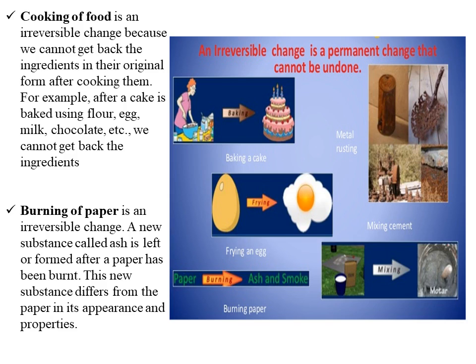The appearance and properties of paper are totally different from the ash that is left after it is burnt. So a new substance is formed. When paper is burnt, ash and smoke are released, which are new substances.